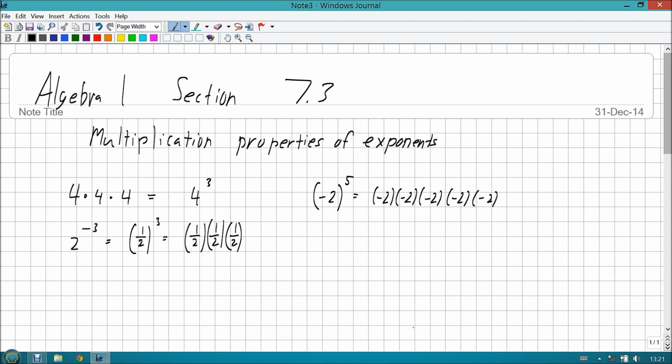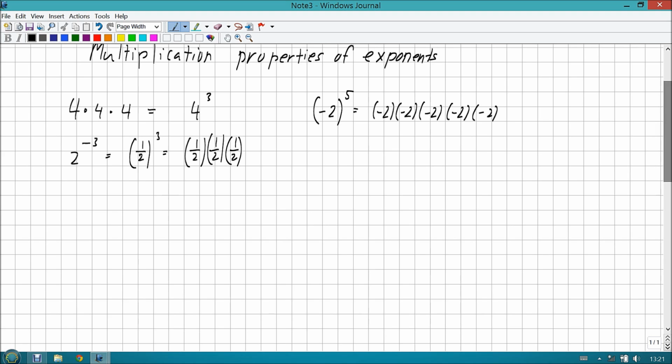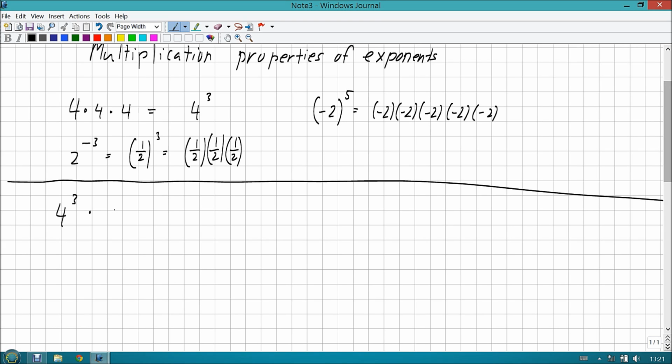Okay, so now that we remember those, it's time to delve a little bit further. So what would happen if I have 4 to the third power and I multiply it by 4 to the 5th power? Now, the nice thing about this situation is that the bases match.